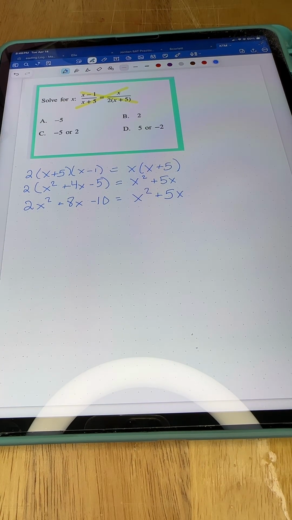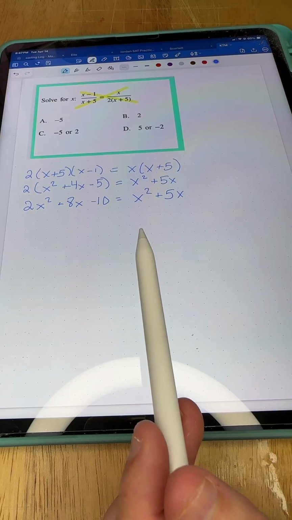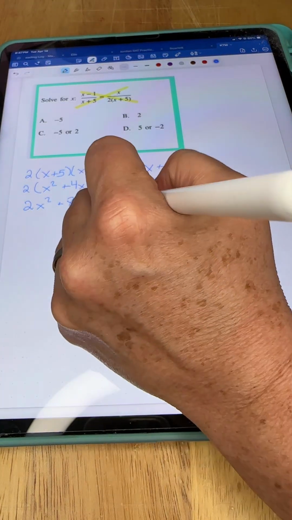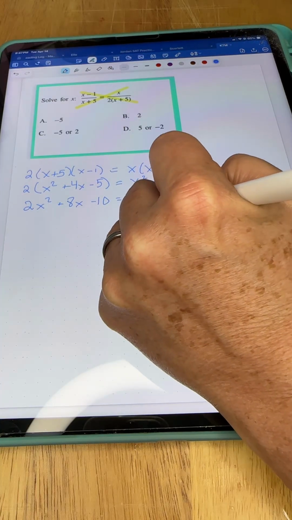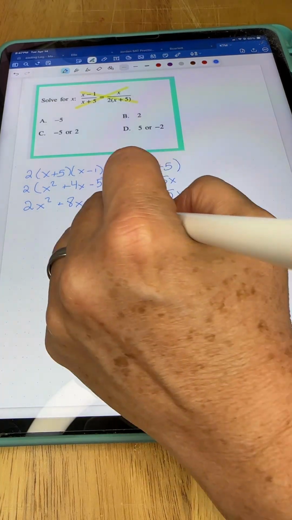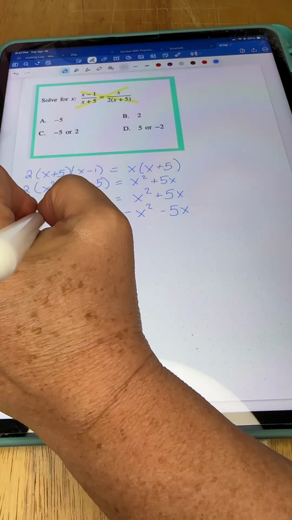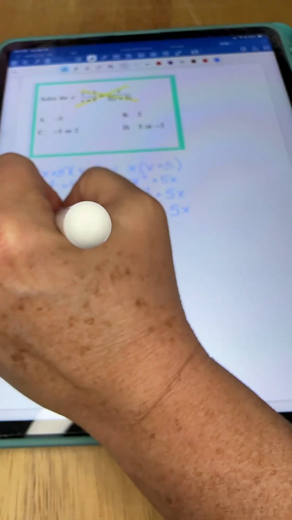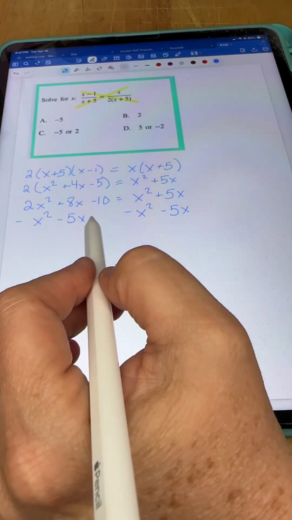So now I'm going to start solving for x, okay? My side has to be equal to 0, okay? So I am going to subtract x squared and 5x from this side because that's going to give me 0, and I have to subtract them from the same terms over here, okay? So x squared has to be subtracted from x squared.